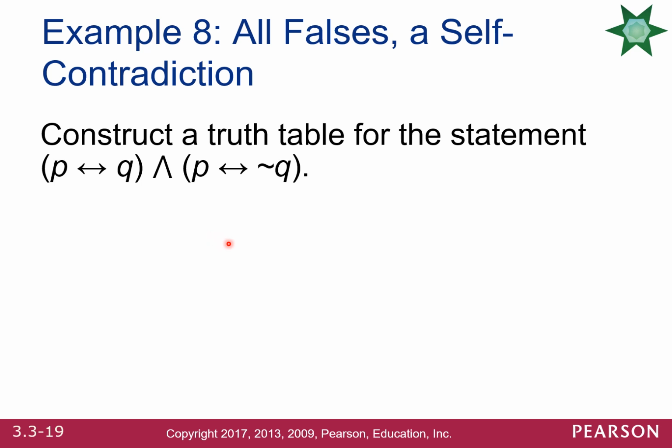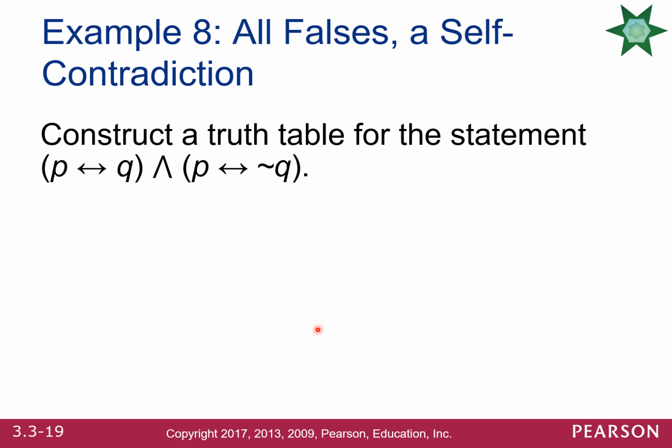So here's an example where we will end up with all cases resolving to a false, which is a self-contradiction. So we have the statement here, P if and only if Q, and P if and only if not Q. All right, so let's see how this will work.